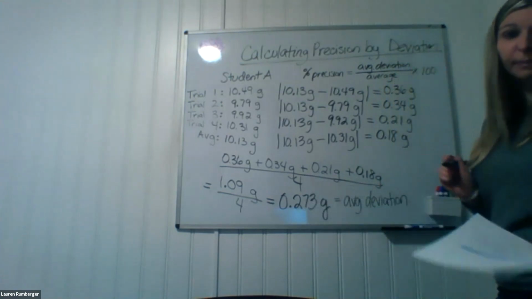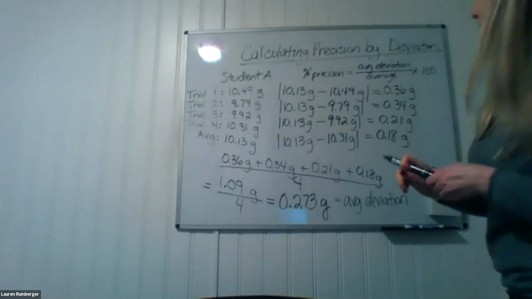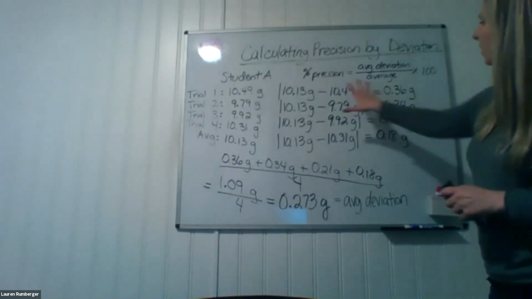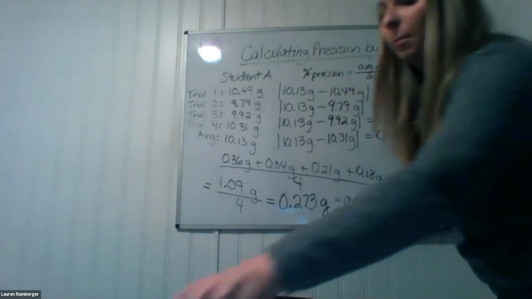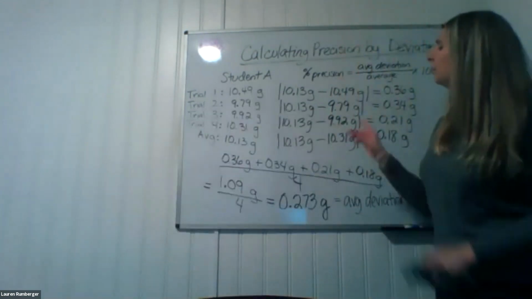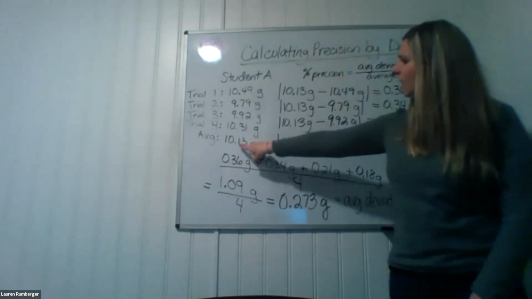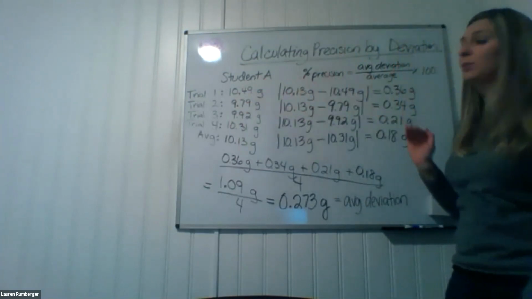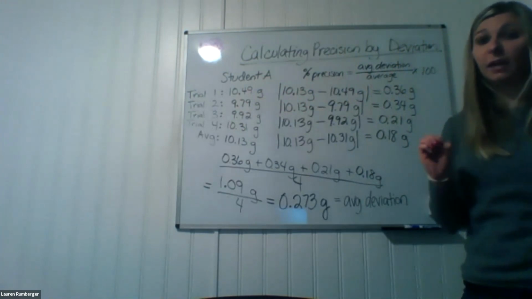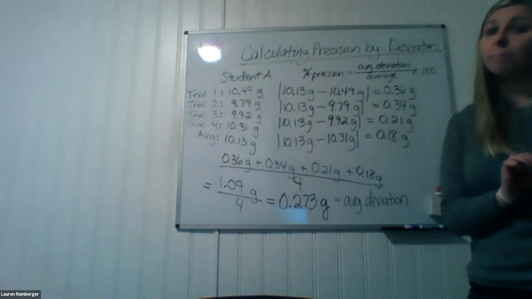So I need to make some space for myself here for a moment. So I'm going to erase this portion here where we determined the deviations. But remember, the calculation involved taking the average minus the measurement and taking the absolute value. The absolute value always makes the number positive.